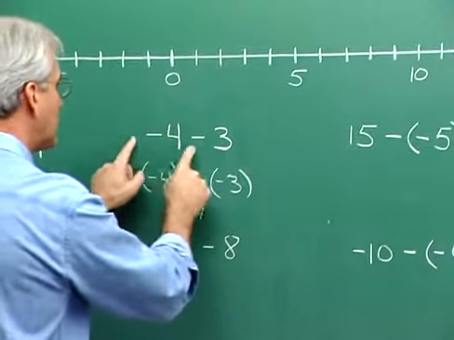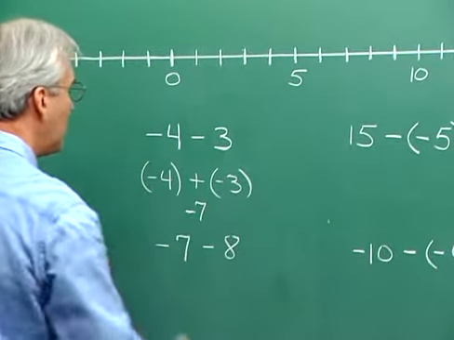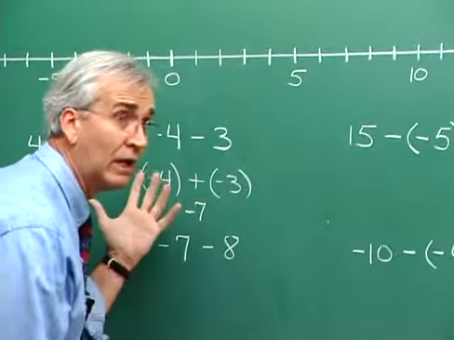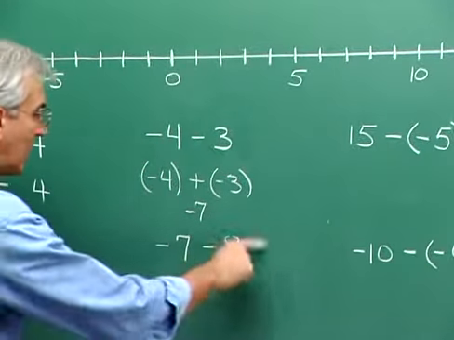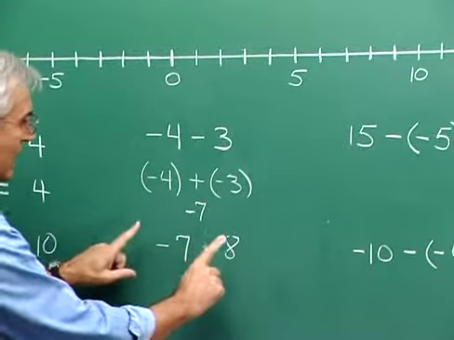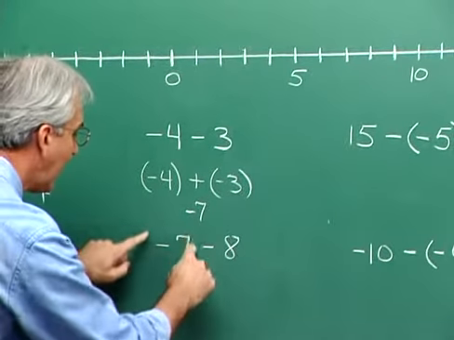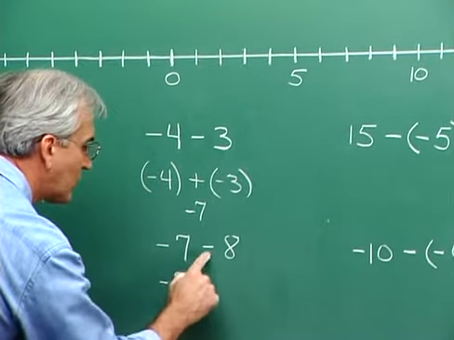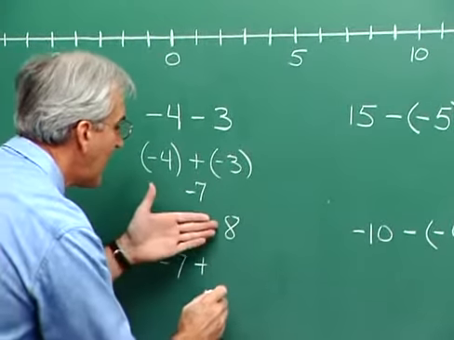So we can think of this as -4 with -3, -7. I don't want to belabor it too much, but I want to belabor it enough to where we get the right idea. Let's go through it on this one. Now once again, if we want to, we can think of this as -7 with parentheses, and then we can think of this subtraction as adding the opposite of 8.